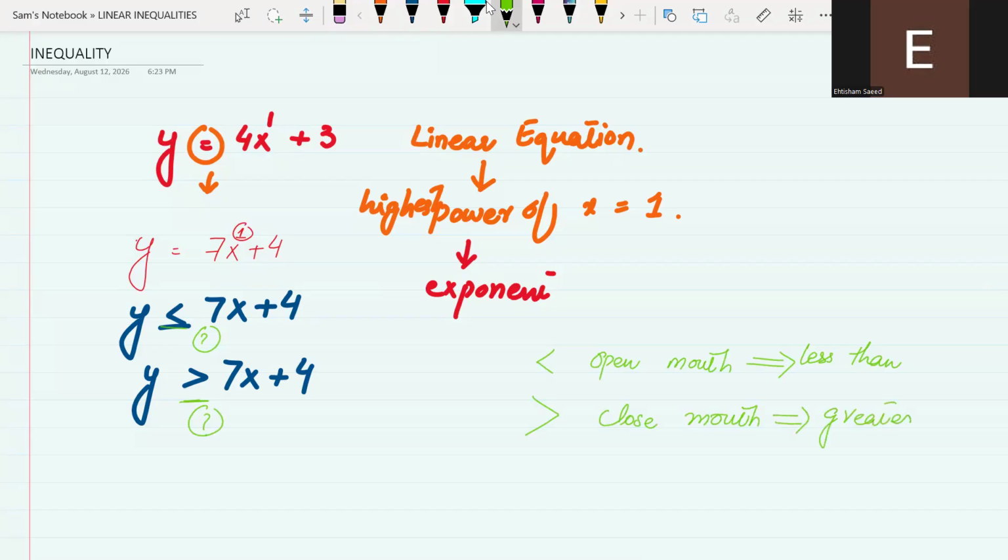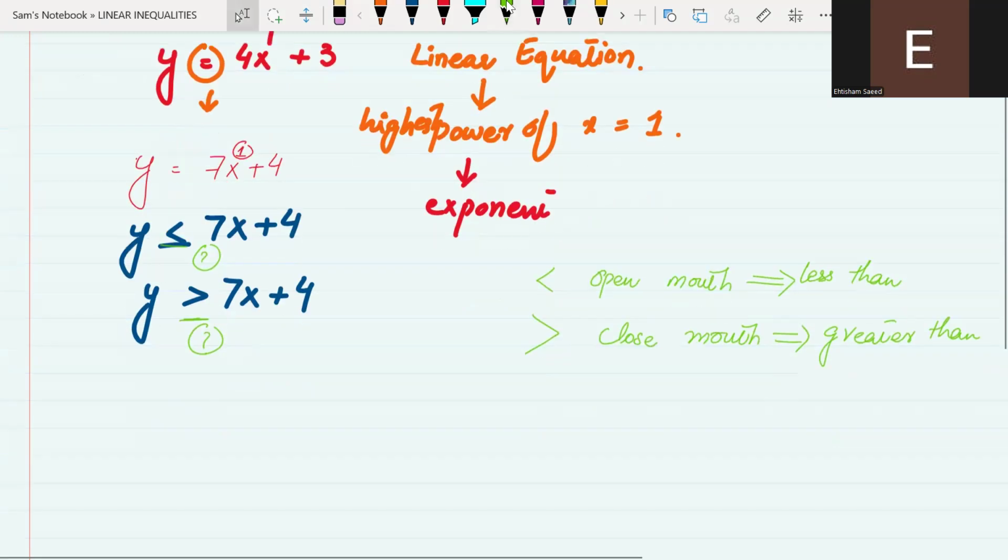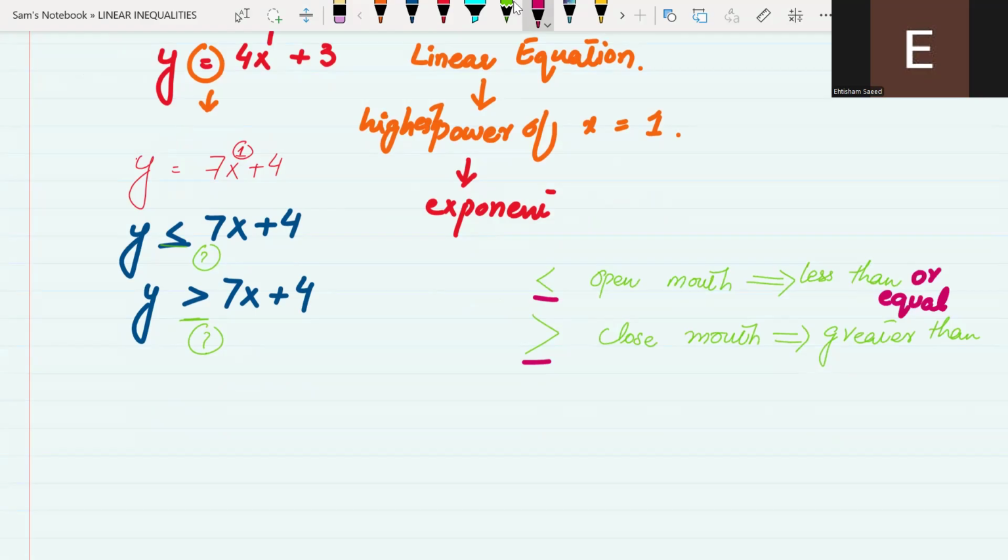And if you have a dash or line below them, we call it less than or equal to, and this will be greater than or equal to.